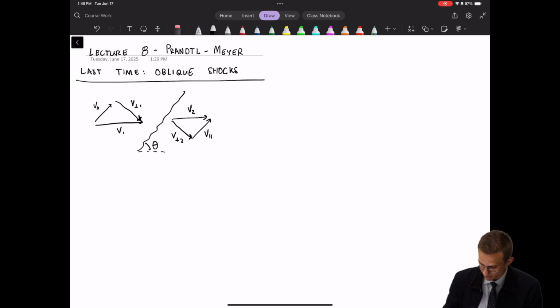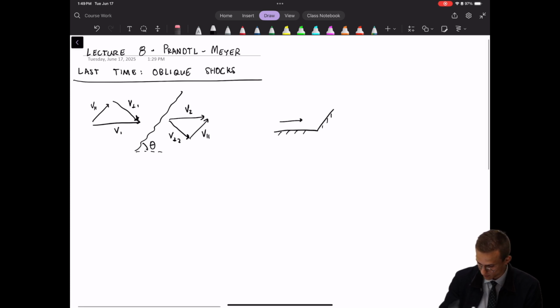We talked about how oblique shocks are often occurring to satisfy some sort of change in direction boundary condition. So you have some sort of M1 coming in this way, and then a shock, and then M2 going parallel to the wall beyond that shock.